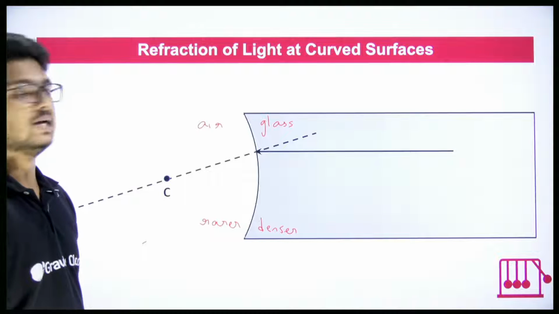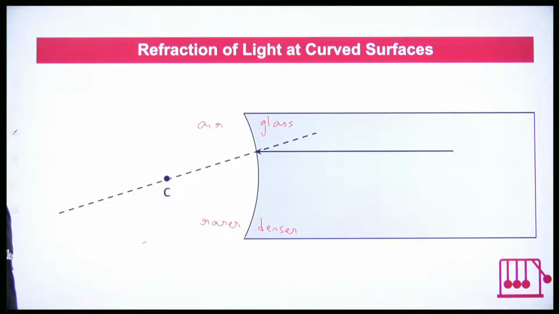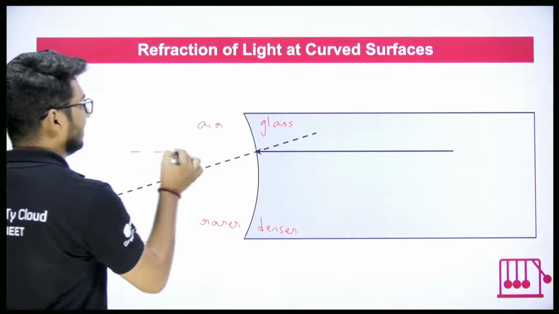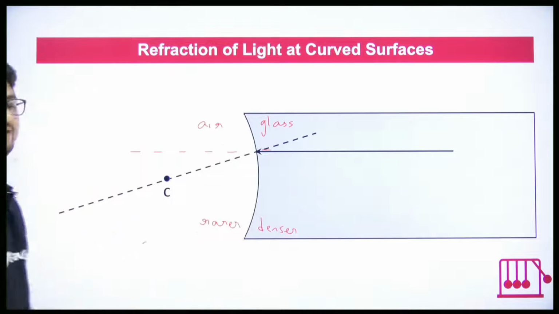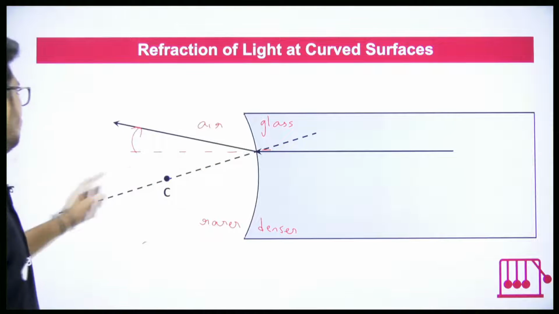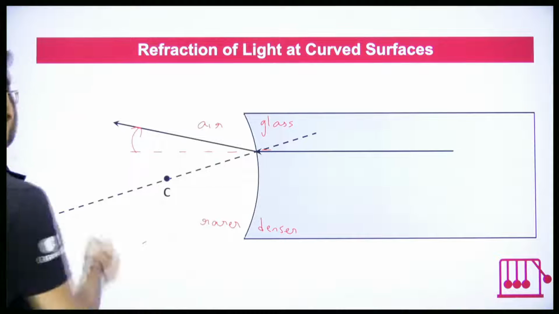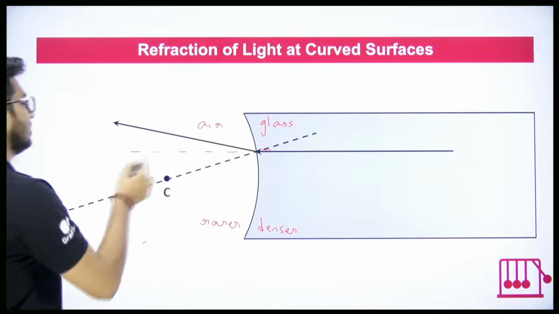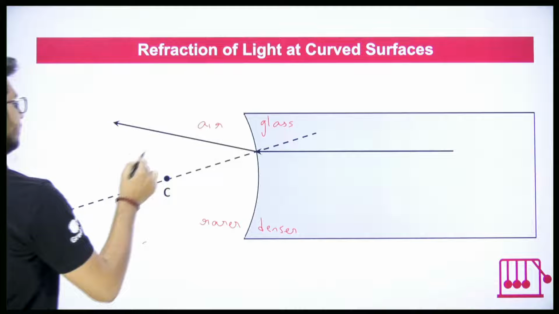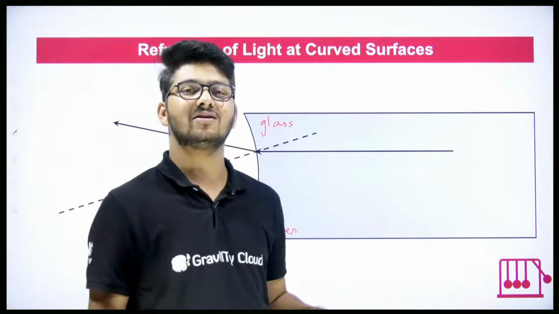Towards or away? It will bend away from the normal. This is the direction of the incident ray. If it bends away from the normal, it will be something like this. This is the normal. It is bending away from the normal. Is that clear? If I stick to the basics, any case I will be able to solve it.